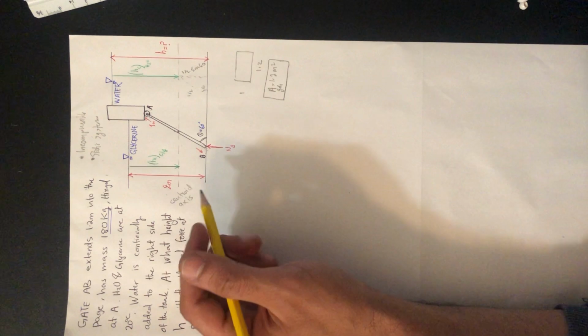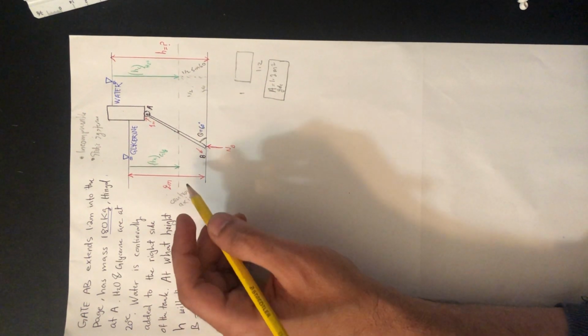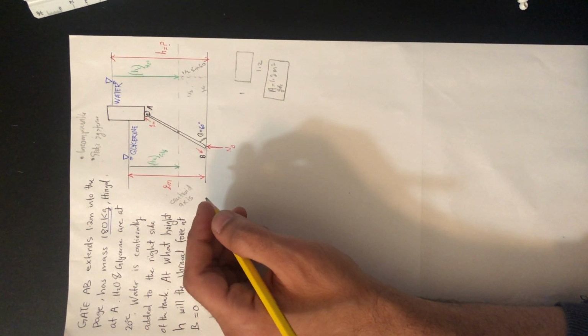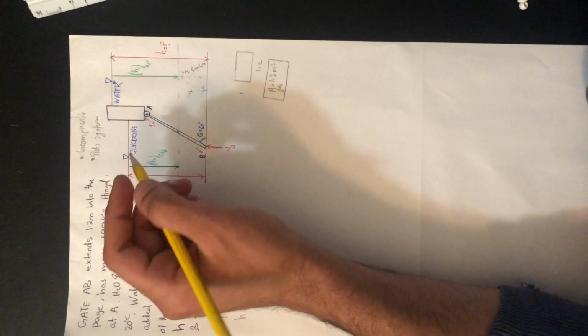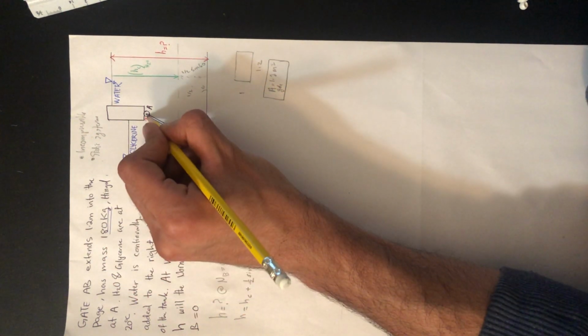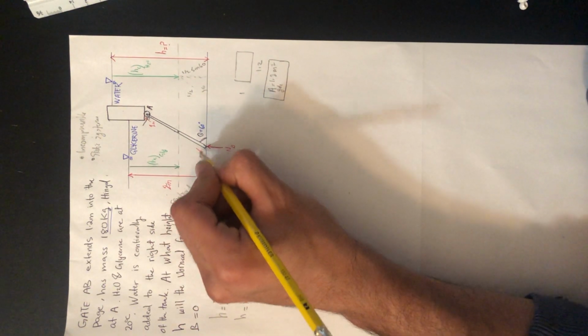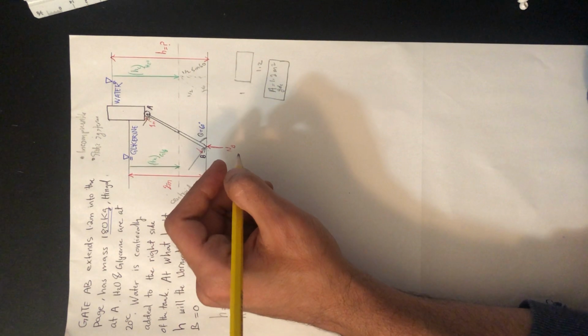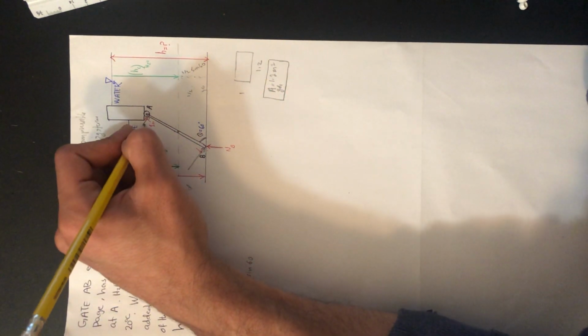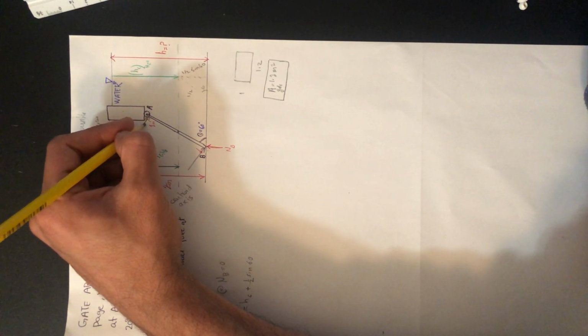And now let's explain how the pressure distribution is acting on the surface. We know we have a pressure at point A. We know we have a pressure at point B. So if we would draw our pressure distribution, it would look something like this.